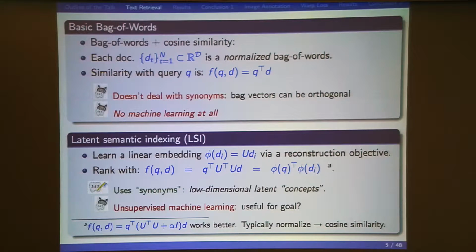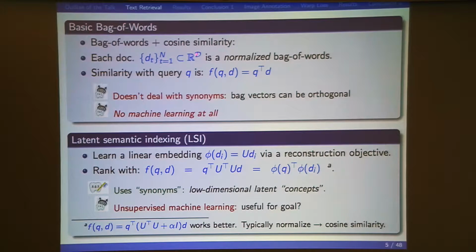So this is just to show a bit of notation. As I was saying, with the no machine learning method, you take your query Q and one of your documents D, and you represent both of them as bag of words.